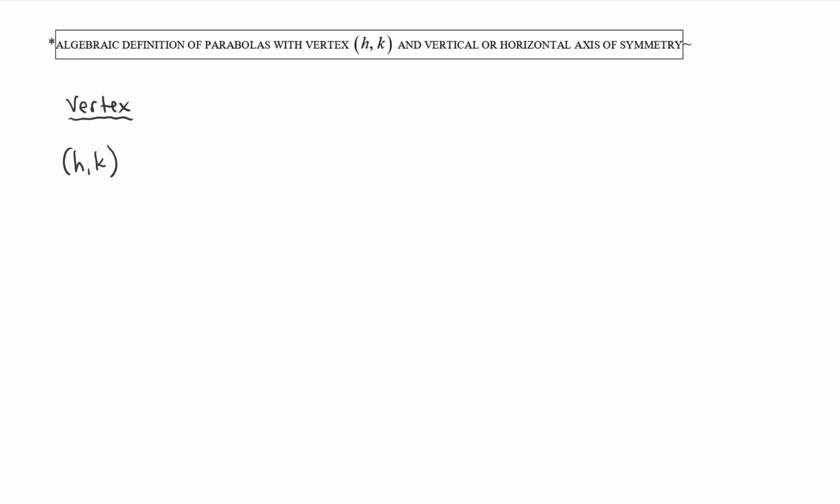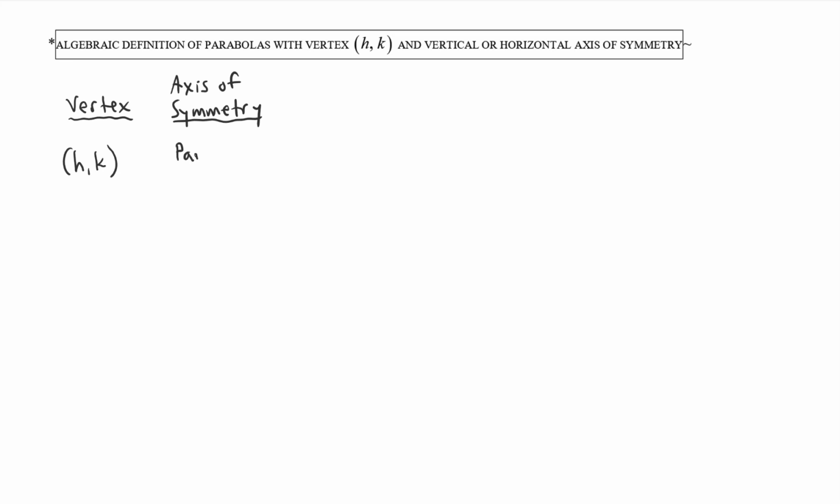Now, ellipses had the major axis, and it was either horizontal or vertical. And then hyperbolas had the transverse axis that was horizontal or vertical. For a parabola, as we remember from algebra, they have an axis also called the axis of symmetry. And the axis of symmetry is either going to be horizontal or vertical for the ones we're going to be interested in.